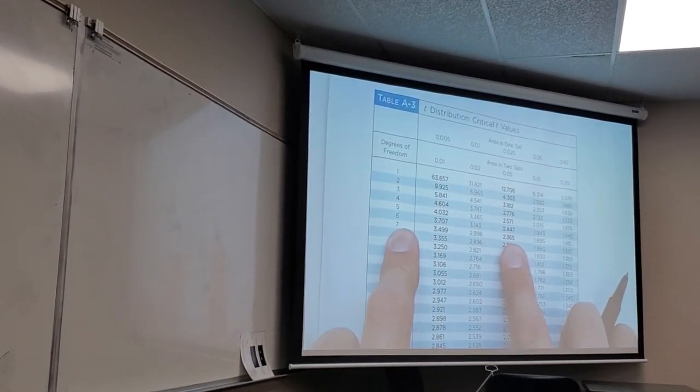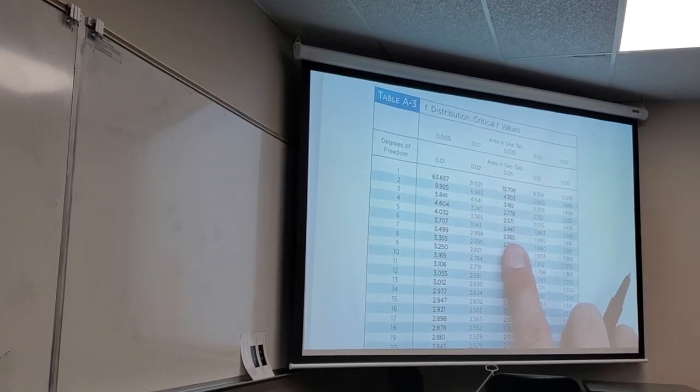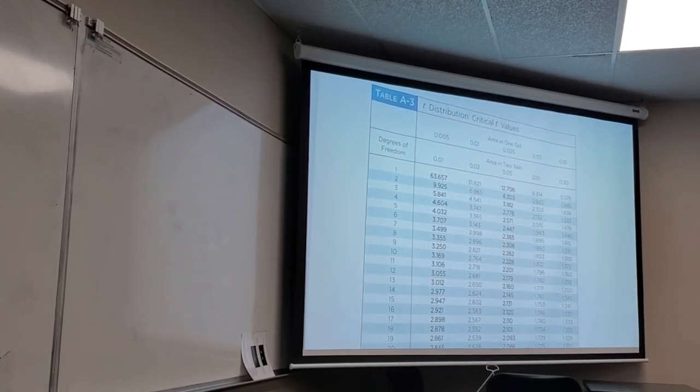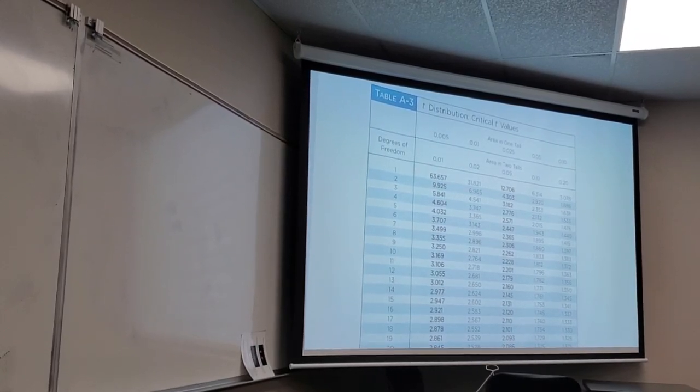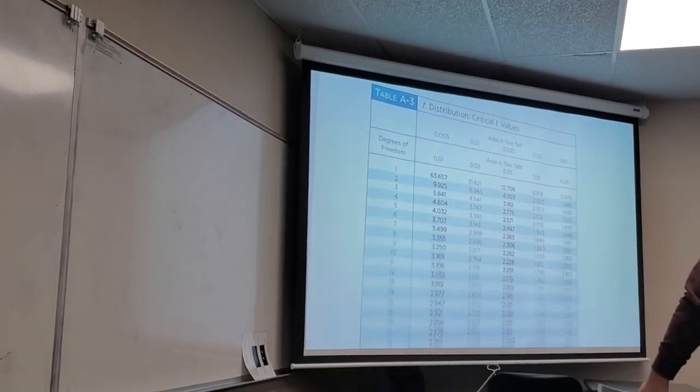That'll be my rejection region, negative 2.365 and positive 2.365. It's a fail.